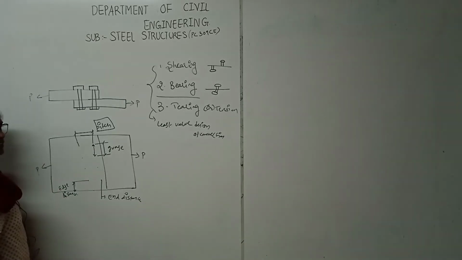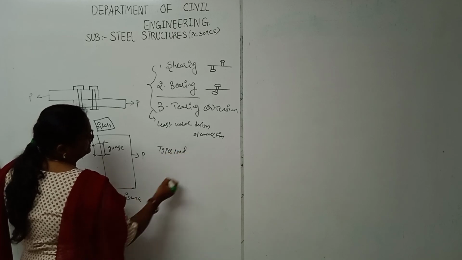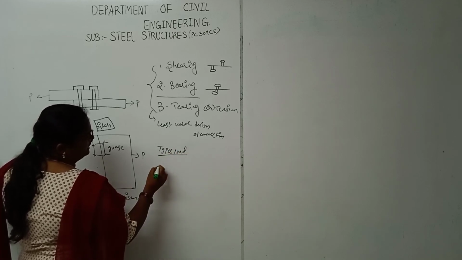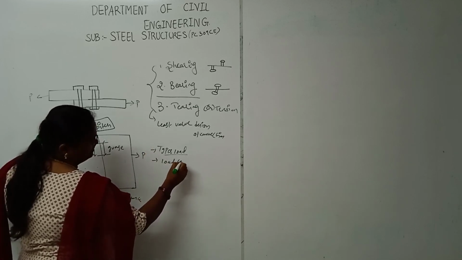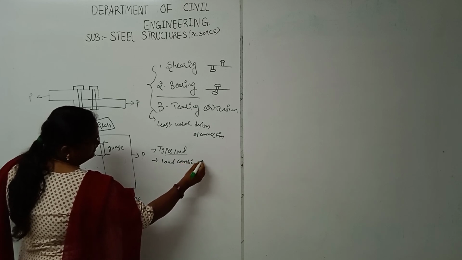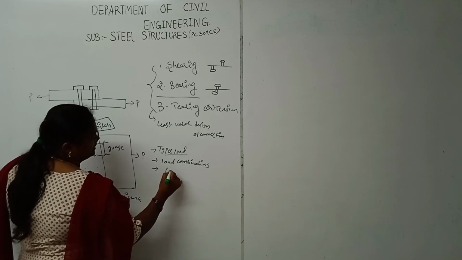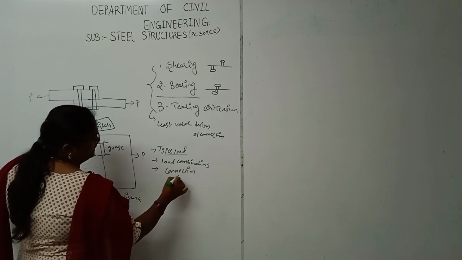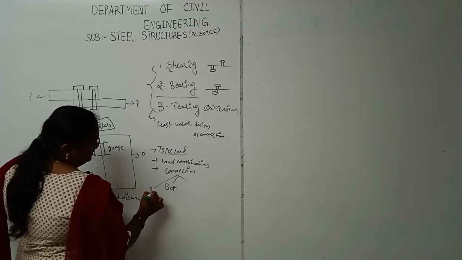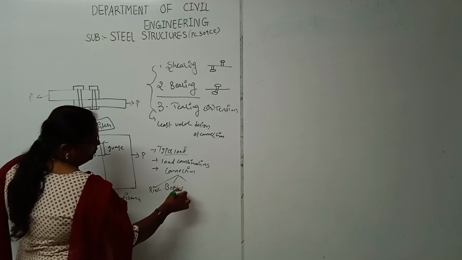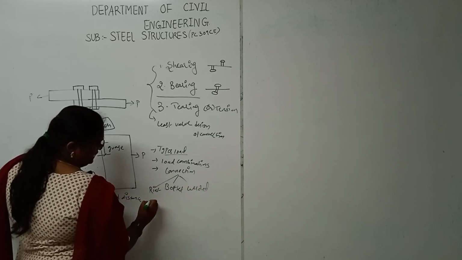In this lecture, what we have studied today: we have studied the types of loads, briefly. Second, we have studied load combinations. Third, we have studied regarding connections. Under the connections you have bolted, rivet, bolted, welded, right?